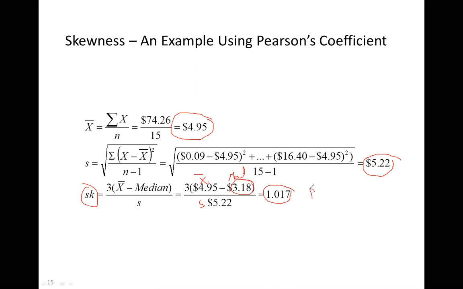Because the value is positive and a little bit far from 0, we have data skewed to the right. So what about the shape of the distribution? It's skewed to the right because SK is positive and greater than 0. That's the second point, how we can decide about the distribution of the data using the Pearson coefficient of skewness.